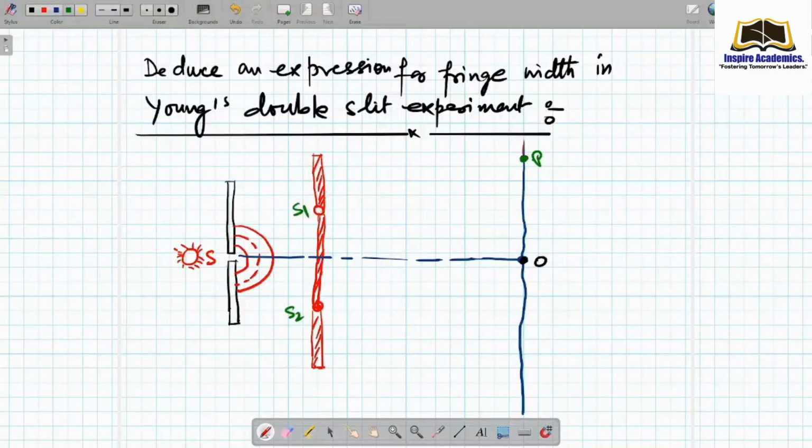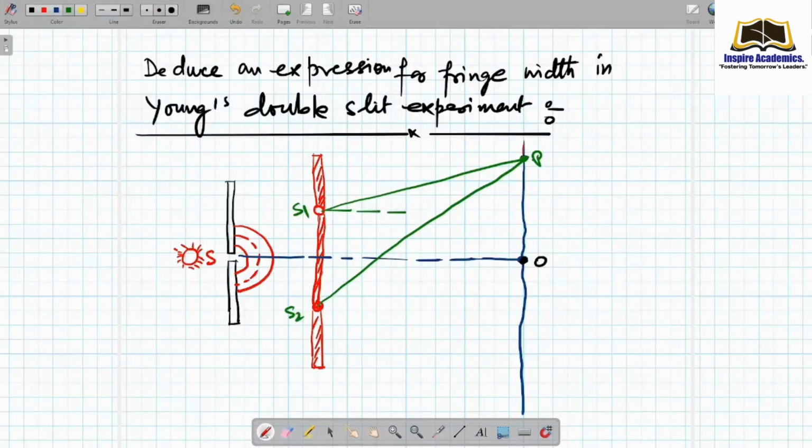From source 1 there is a wave that is going and meeting at P. Also from source 2 there is a wave which is going and meeting at point P. Now when two waves are hitting at the same point P, we need to see what kind of pattern we are achieving, whether it is destructive or constructive. Okay, is it clear?